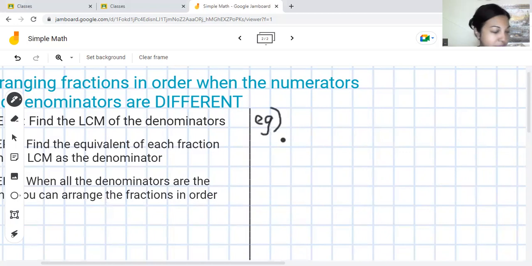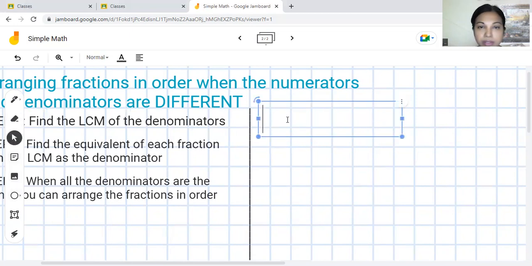All right. So I'm using the pen tool now so that I can get my fractions clearly. So the example will be as a sum. It can be arrange the fractions in ascending order. So we may have something like that in a question.